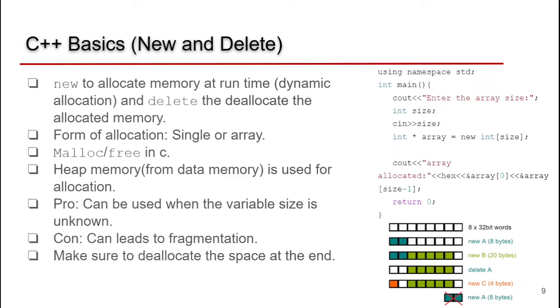So instead of making the compiler do this for me in the background, I will explicitly say allocate a node for me and return the address to me in the code.